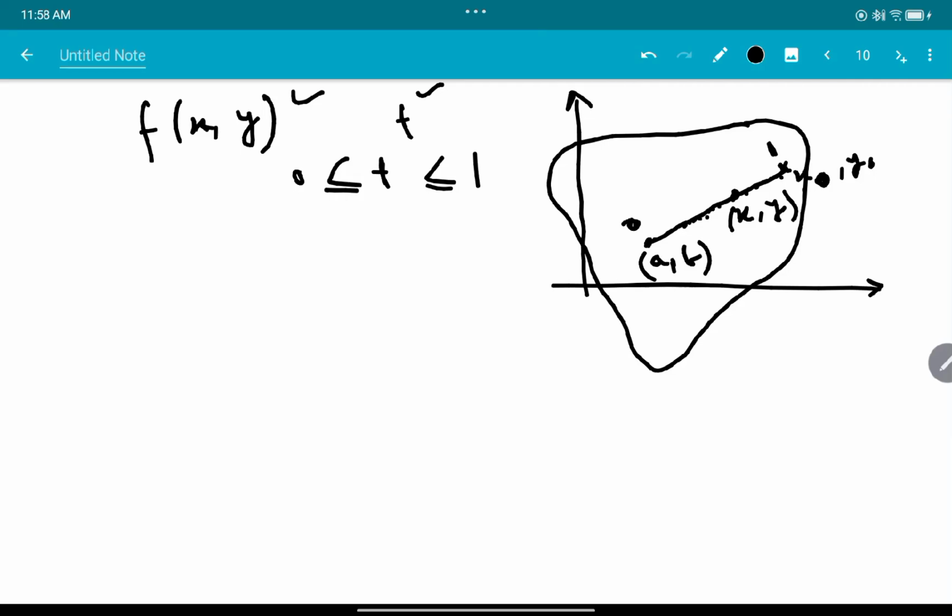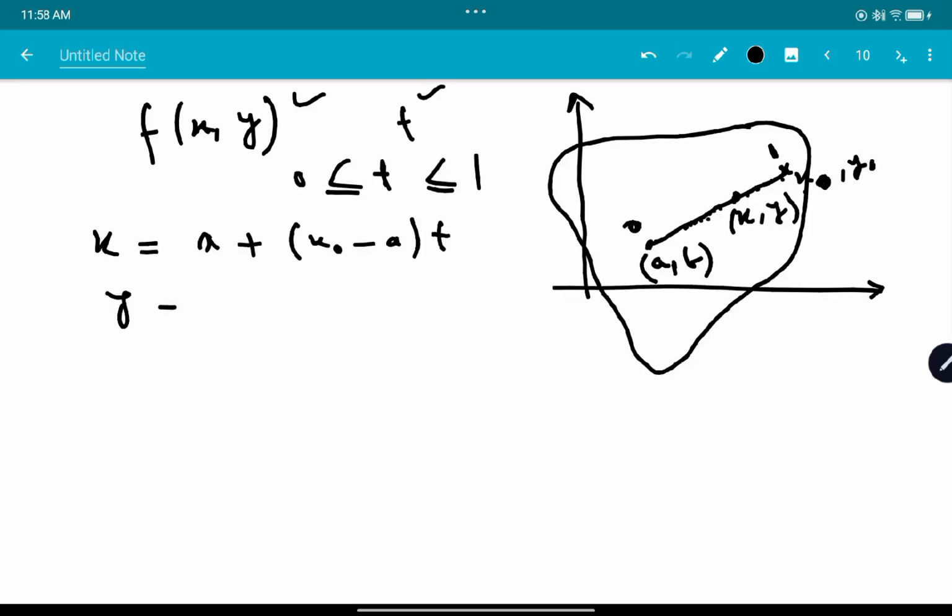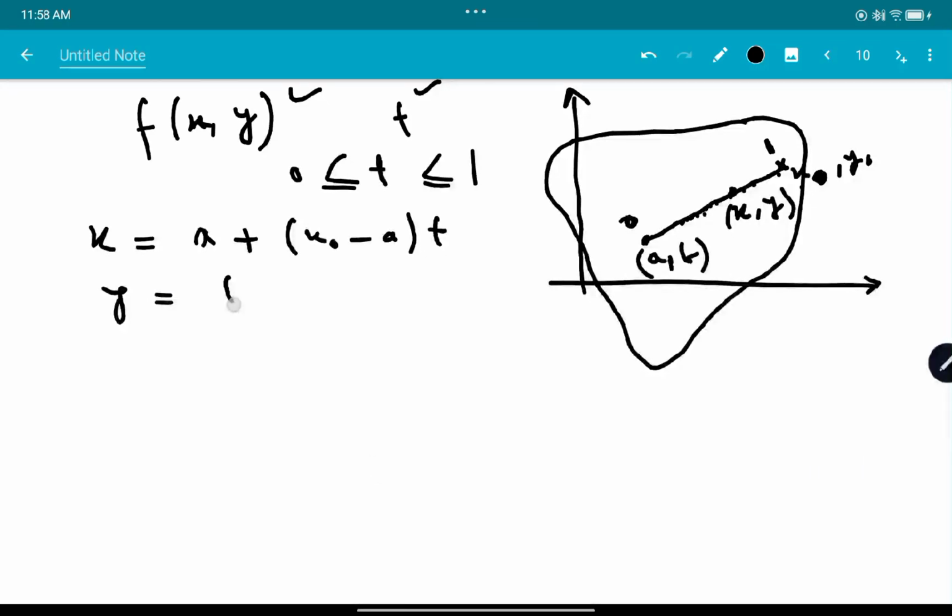Here is the expression. I can write x is equal to a plus (x naught minus a) into t. Then y is equal to b plus (y naught minus b) into t. We can check it out.